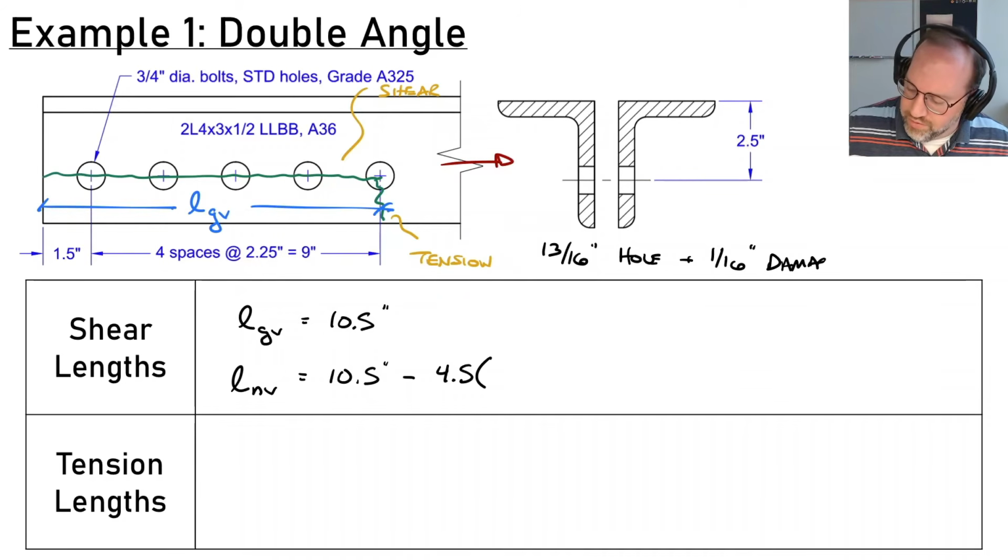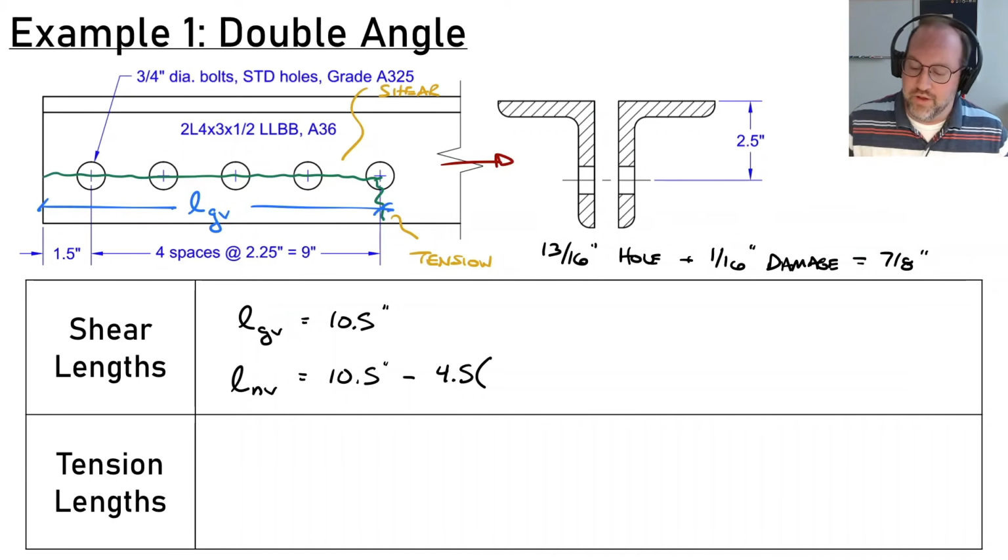So that is going to line us up with a 7/8 inch. Note, if you're doing this in metric, typically a standard hole is about 2 millimeters bigger than the bolt diameter, and the damage zone we also assume is about 2 millimeters. So it works out to be about the same if you're doing it in metric, but instead of the 1/16 of an inch, you're going to use 2 millimeters.